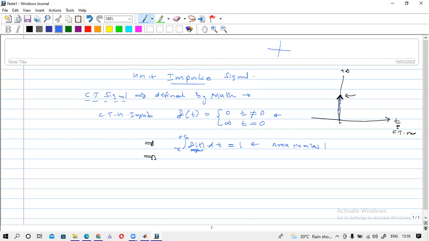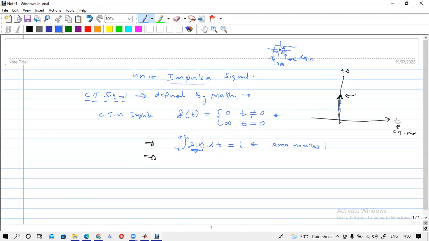If you take the square and integrate from here to here, you will get the area of this square. Now you are reducing this plus sigma and minus sigma up to 0, so you take the limit of minus sigma and plus sigma to 0, and the width will come to 0.